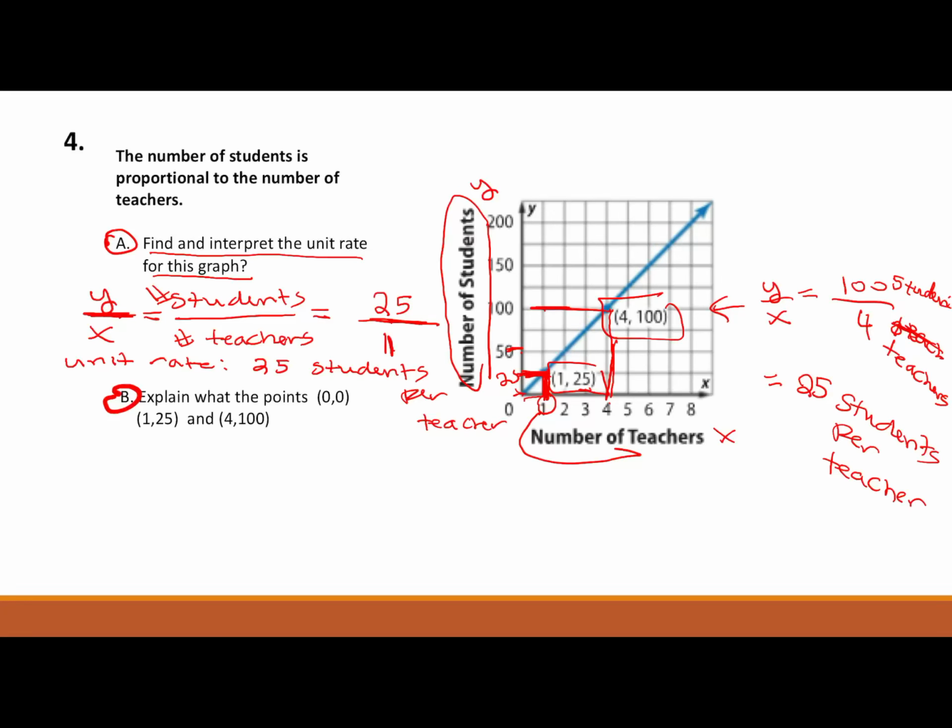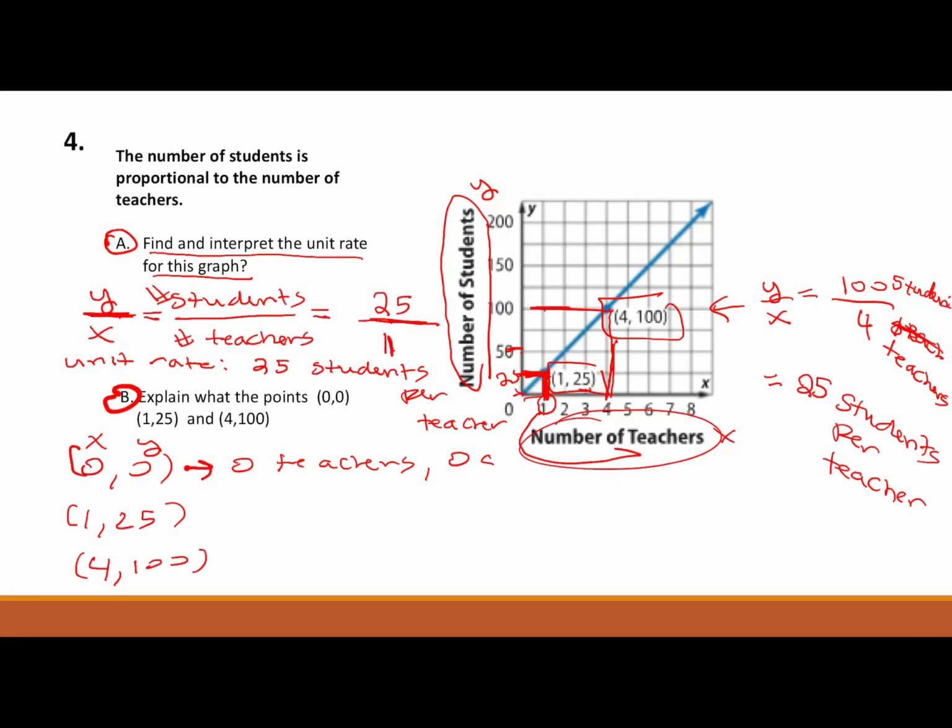Okay, explain what these points mean. (0, 0), (1, 25), and (4, 100). Remember, every ordered pair has an x coordinate and a y. So x represented teachers. So this means 0 teachers, 0 students. That means if there's 0 teachers, there aren't any students.